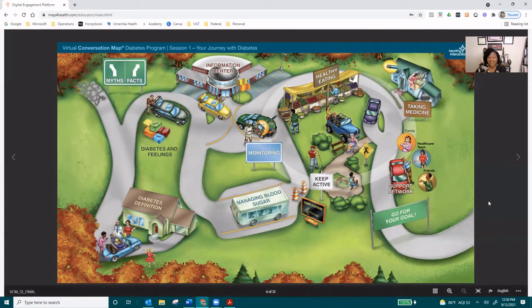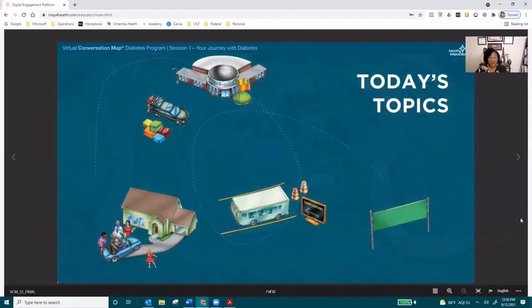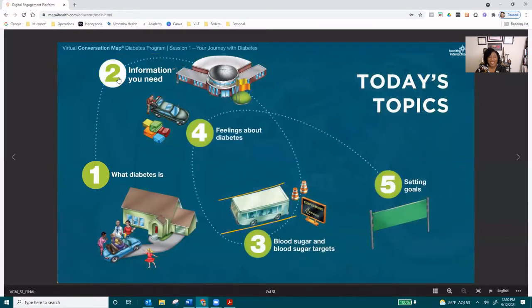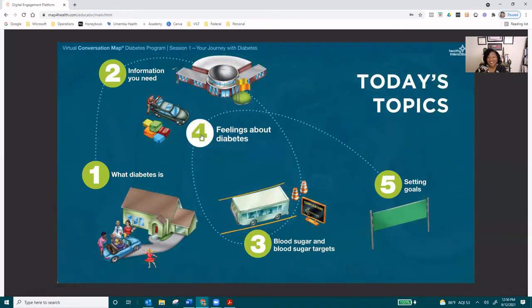And so using this first map, the things that we talk about in session 1 include things like what diabetes is, information you need to successfully manage your diabetes, blood sugar and blood sugar targets. We talk about your feelings about diabetes, and then we set goals, which is something we do for every session, every week.